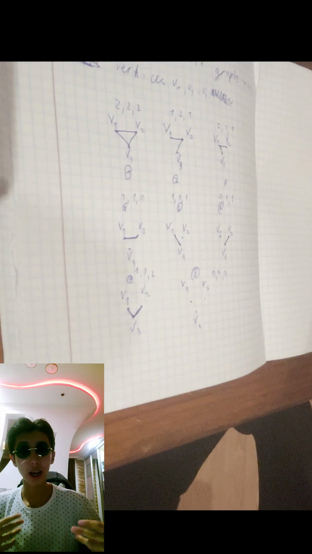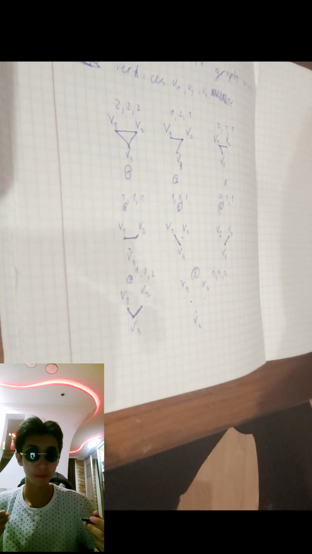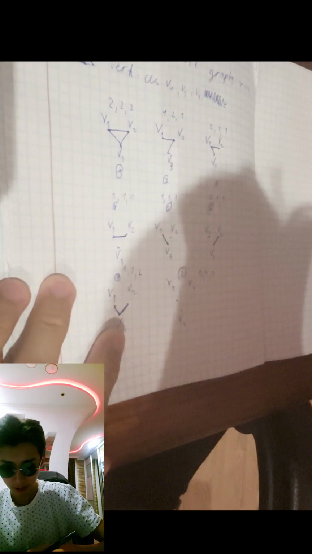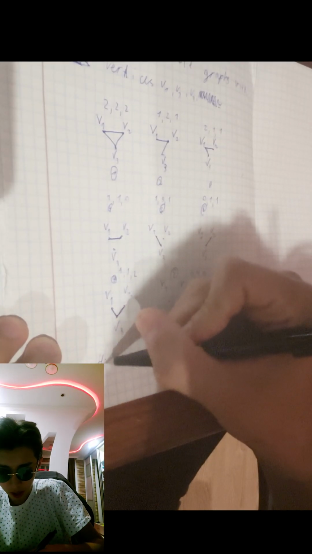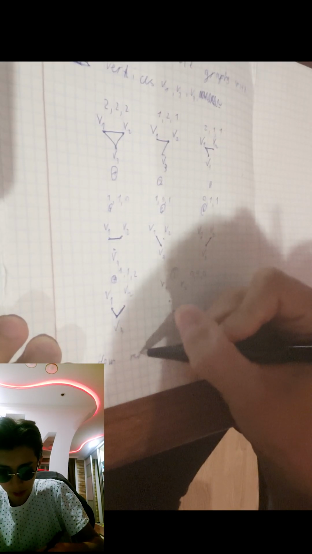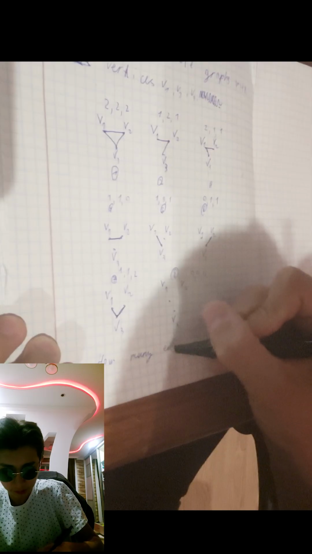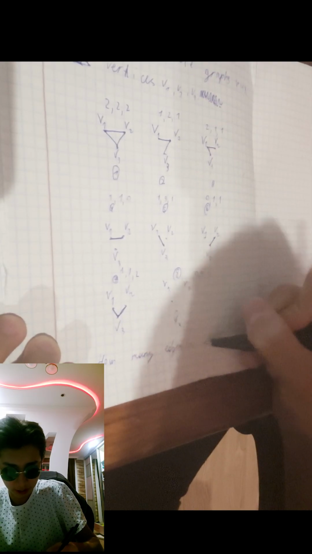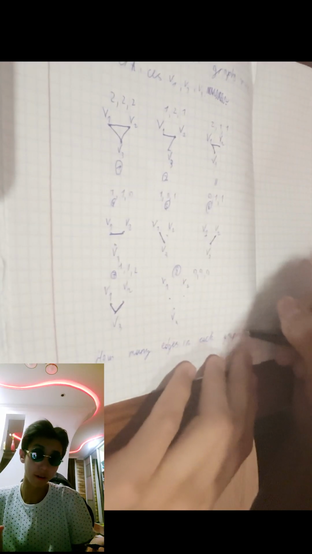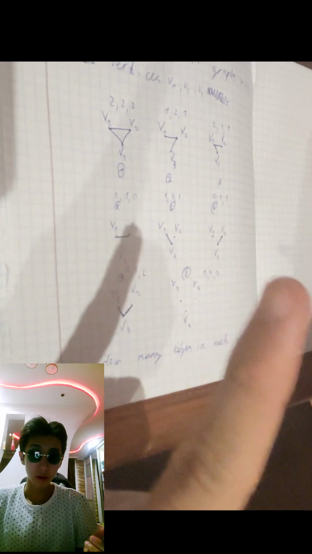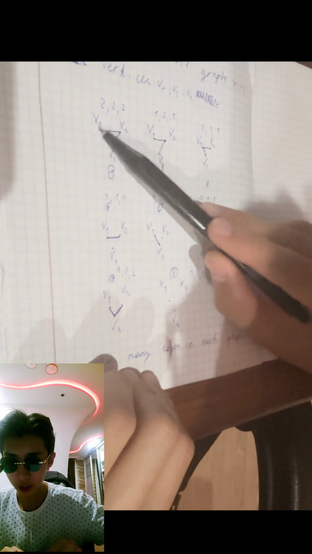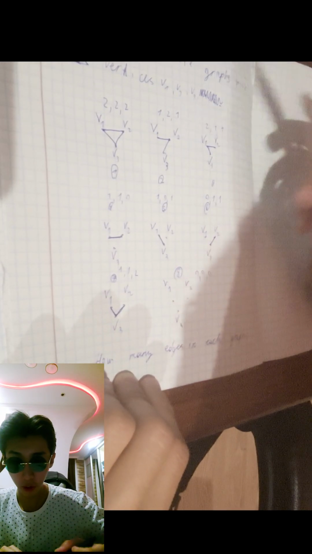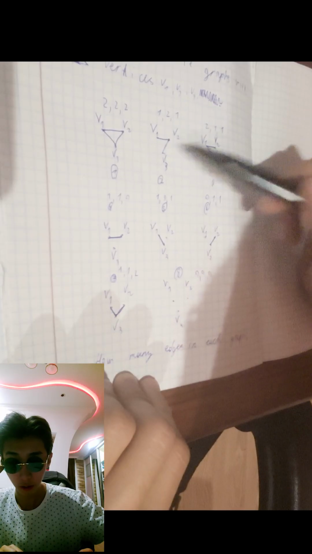How many edges are there in each graph? Let's see, first I need to write that. Let's look carefully. In the first graph, we see 3 edges. In the second graph, we see 2 edges.